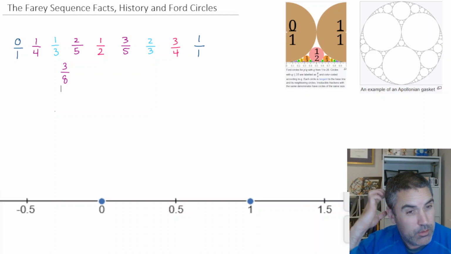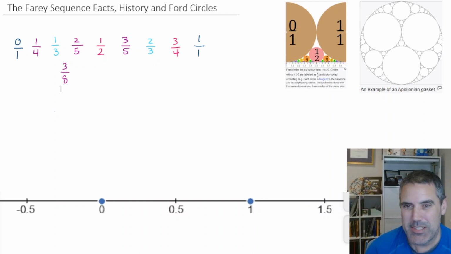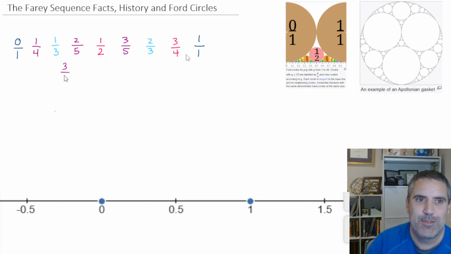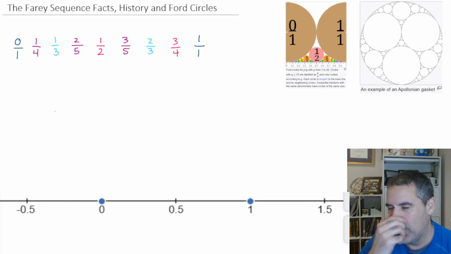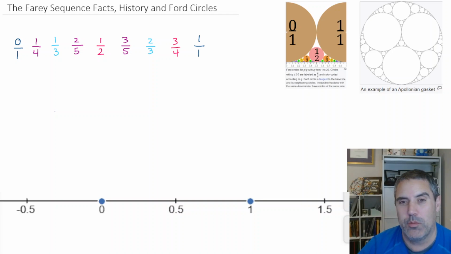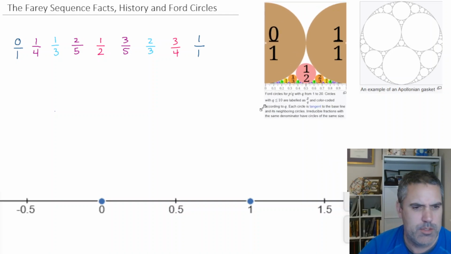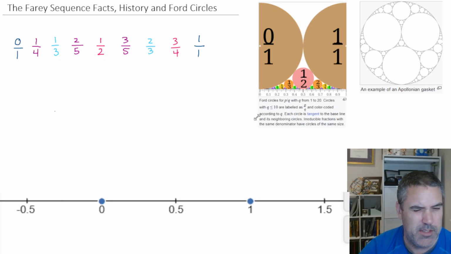There are several things related to this, kind of a large number of things related to this concept. But one that I hadn't really seen before was this concept of what are called Ford circles. There was a mathematician, I think it said early 1900s.